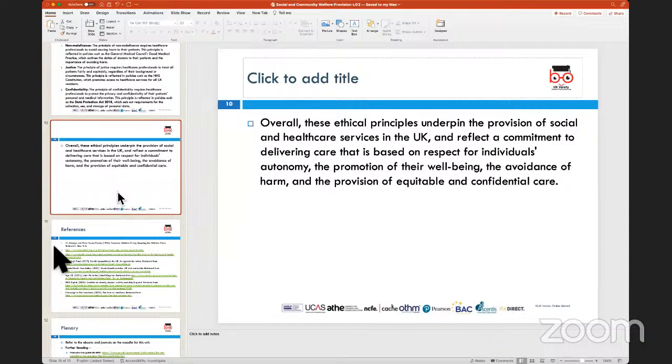So basically, in the discussion of the second assessment criteria, what we need to look at is what ethics are. We need to define these four ethics of autonomy, non-maleficence, beneficence, and justice, and then relate how they are helpful in providing health and social care or well-being services to the patient.